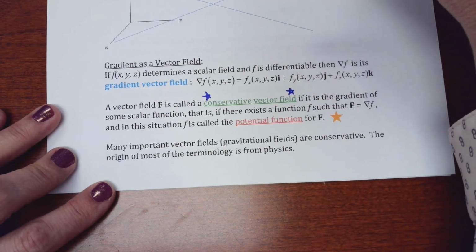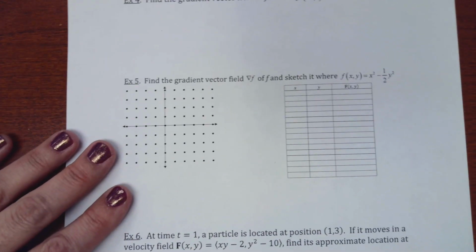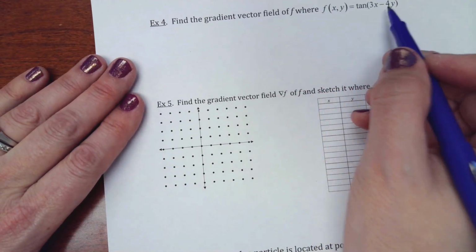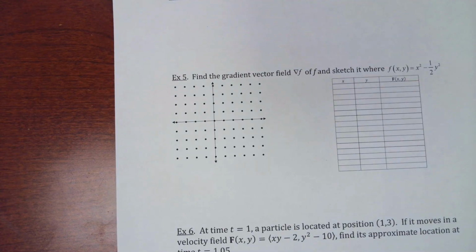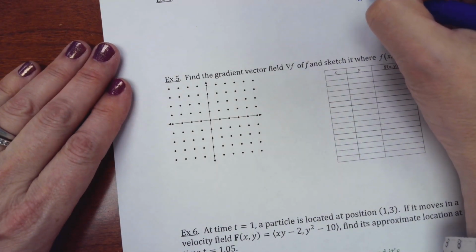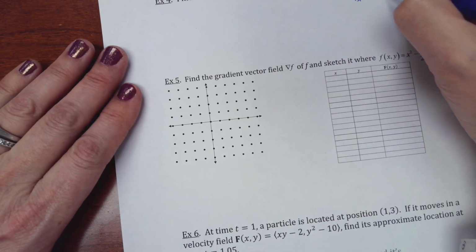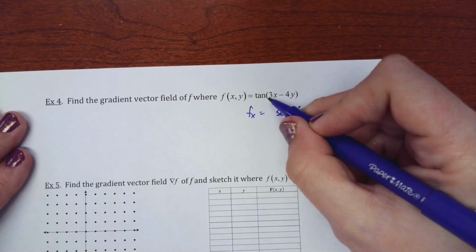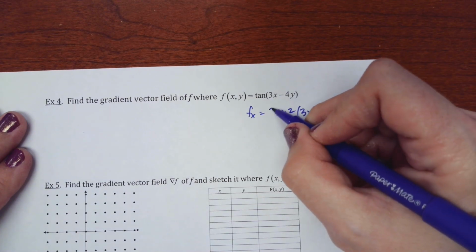All right, last one here. If I wanted to find the gradient vector field for this function, we just find our two derivatives. fx: the derivative of tangent is secant squared, so secant squared of 3x minus 4y times the derivative of this with respect to x, which is 3.